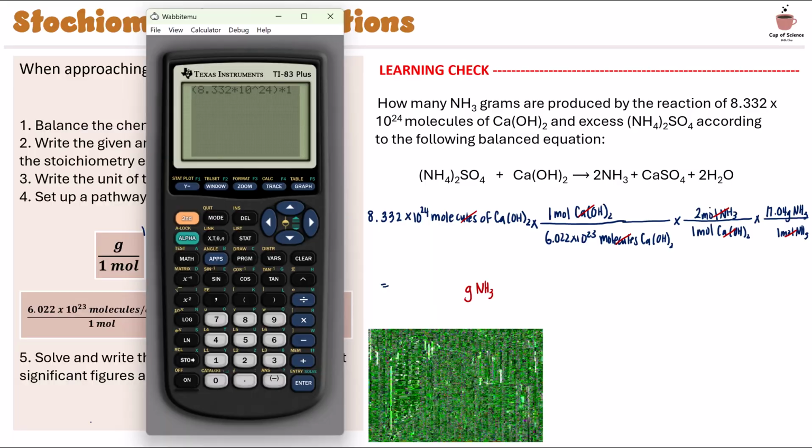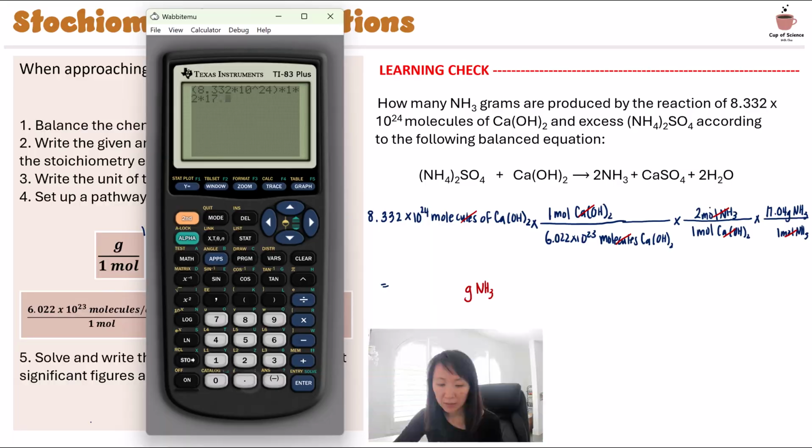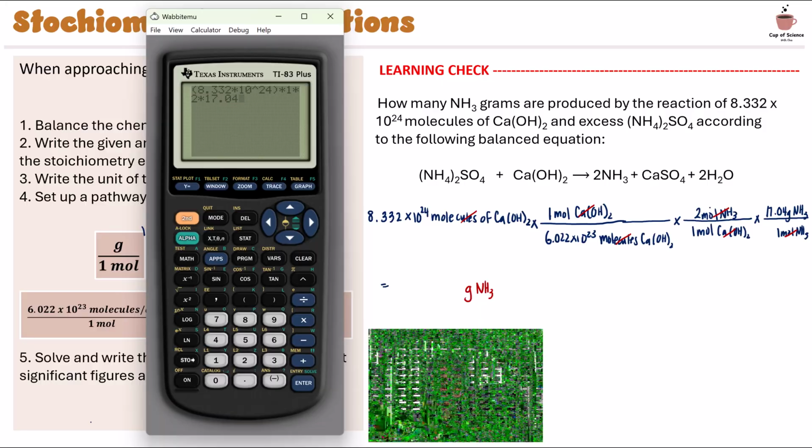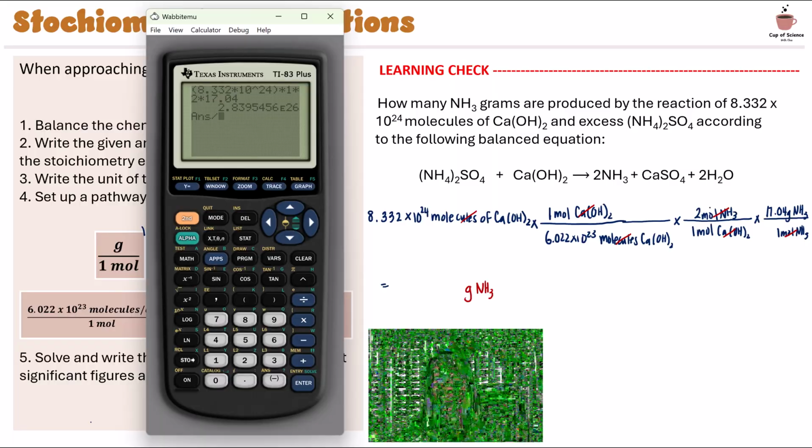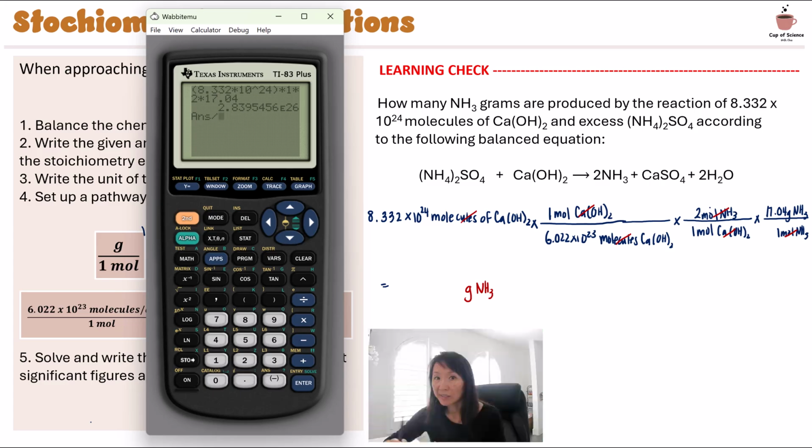Multiplied by 1, multiplied by 2, and then multiplied by 17.04. So I'm basically getting everything that's on top. Hit enter. Now hit the division sign. Now I have this big Avogadro's number with the rest. What if the rest of the number wasn't 1, it was something else? Then we need to think about that.